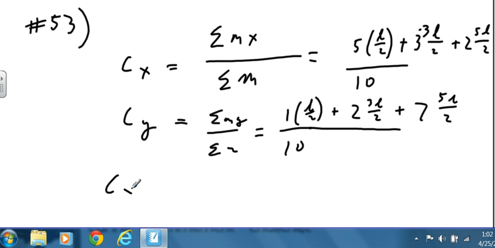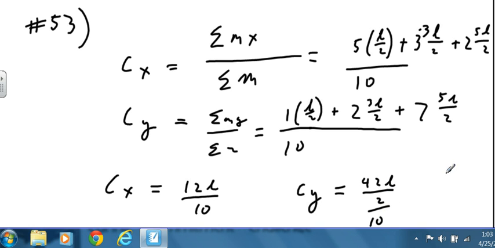So the center of mass in the x direction, 5 halves, 9 halves, 10 halves. Alright, so 10, 15, and 9 is 24 halves. So that's going to be 12L over 10. The center of mass in the y direction, I got 35, 36, and 6 more. 42L over 2 divided by 10.